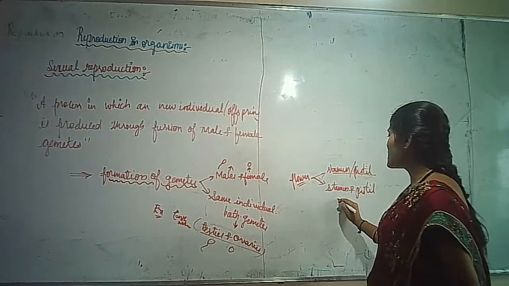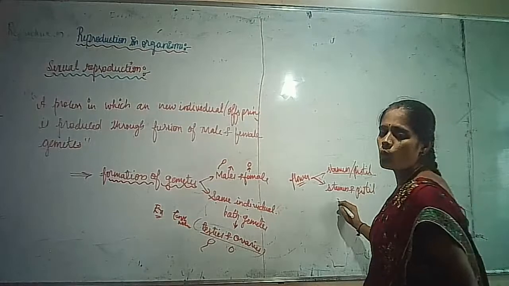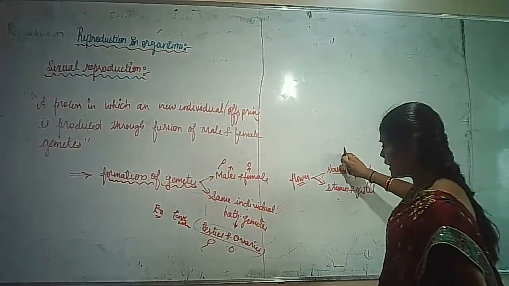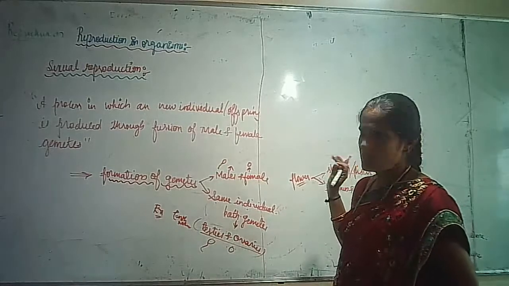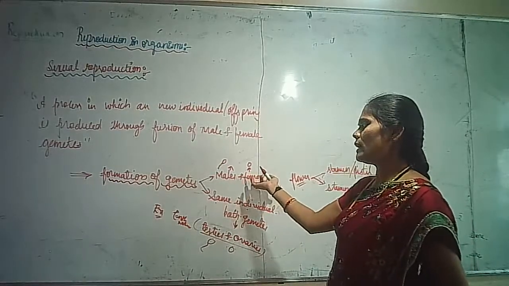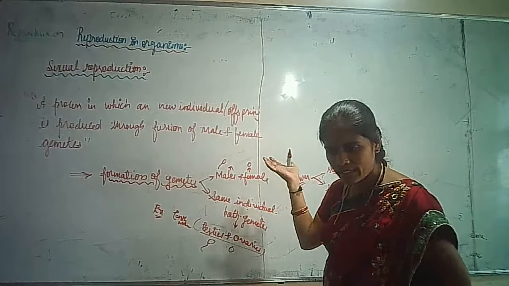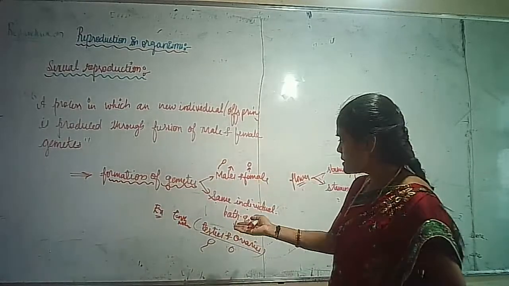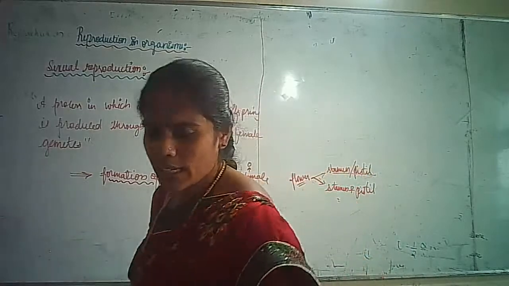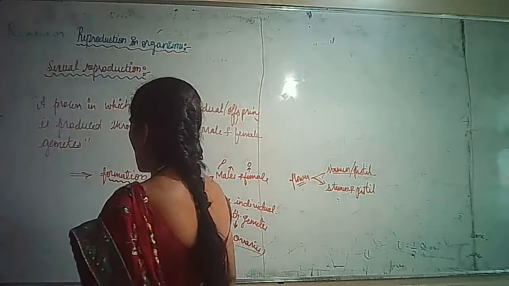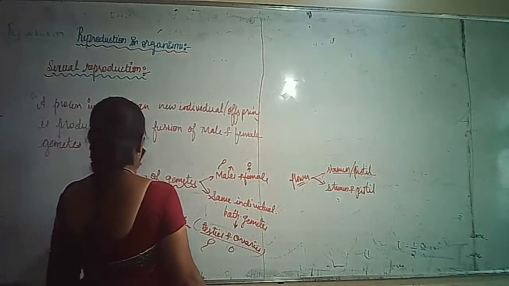This I can call bisexual, that is monoecious. So formation of gametes is taking place. Either different individuals produce different types of gametes, or the same individual produces the two different types of gametes.